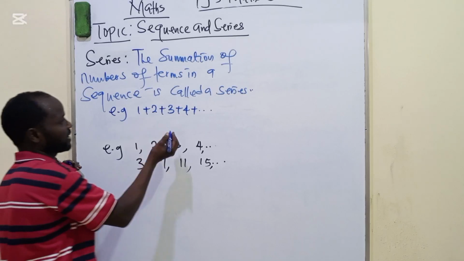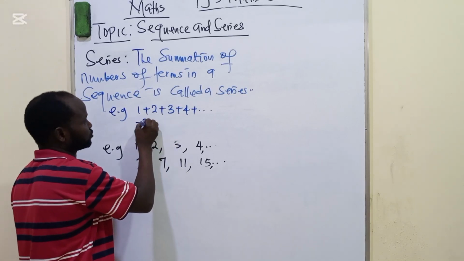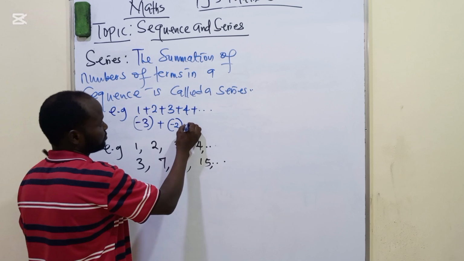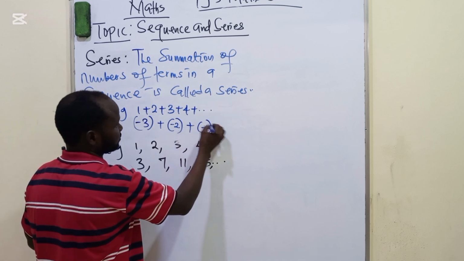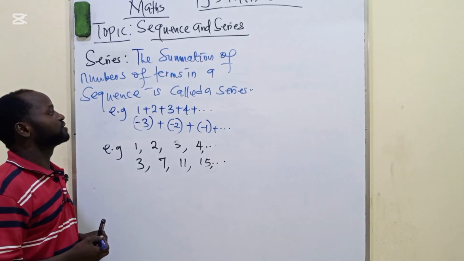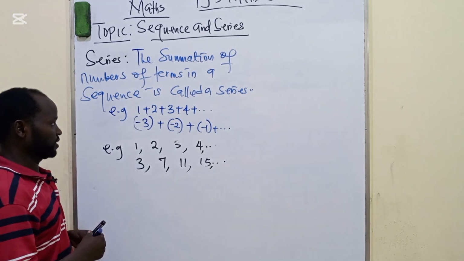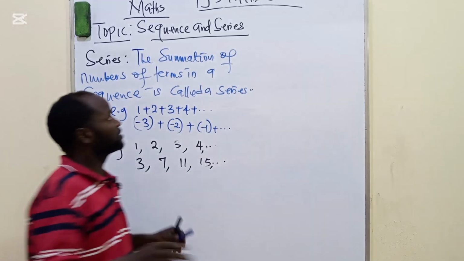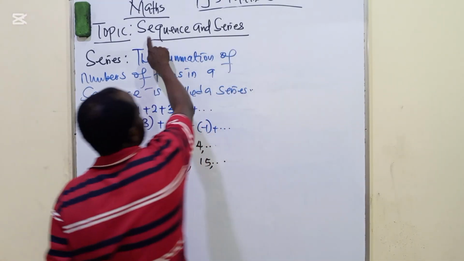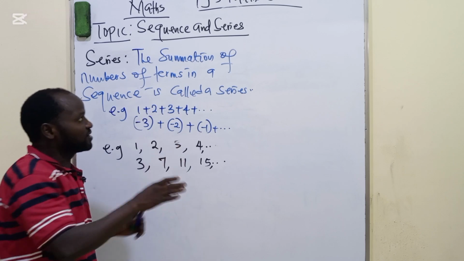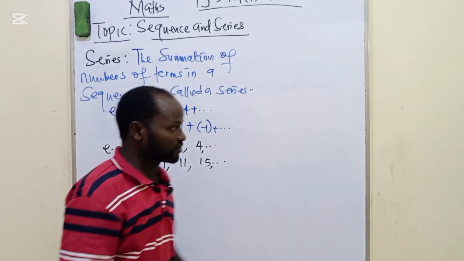Or if I have, let's say, minus 3 plus minus 2 plus minus 1 plus, in that order, this is a series. So this is the difference between a series and a sequence. They are not the same. For you to have a series, you must have a sequence. The summation of numbers or terms in a sequence is called a series.